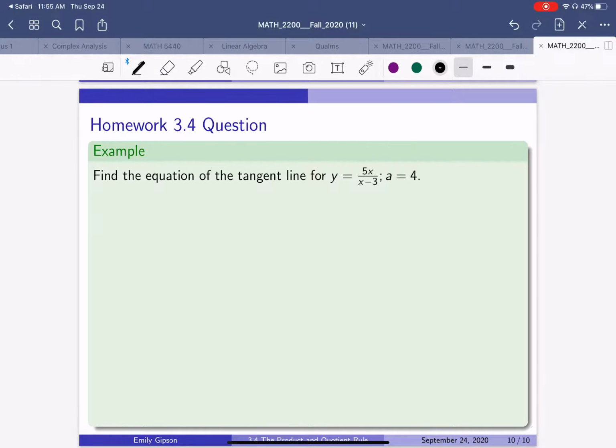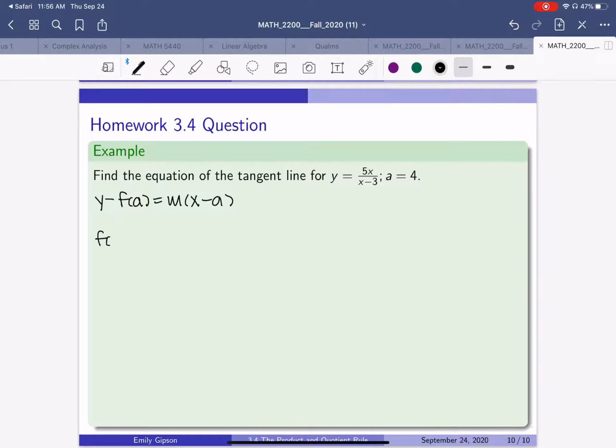But homework question 3.4. Find the equation of the tangent line for y equals 5x divided by x minus 3, where a equals 4. So the first thing we need to do, we've got y minus f of a equals m times x minus a. We've got a, we just need f of a, and we need m.